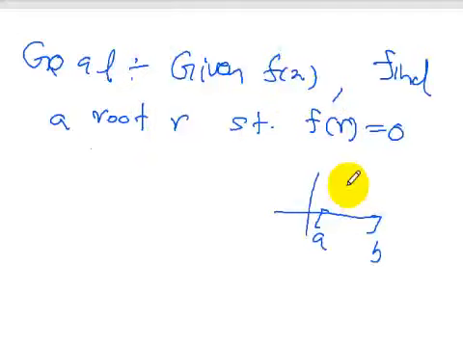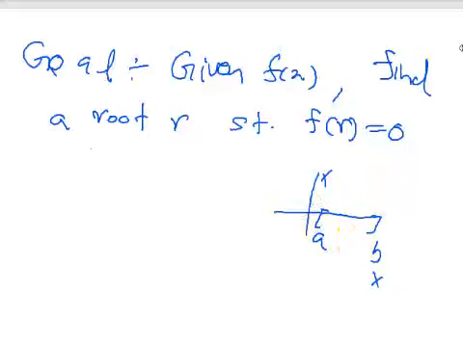First you have to check the function is continuous on the considered interval, and check whether the function values at the endpoints are opposite. Then we can say there exists at least one root between a and b.